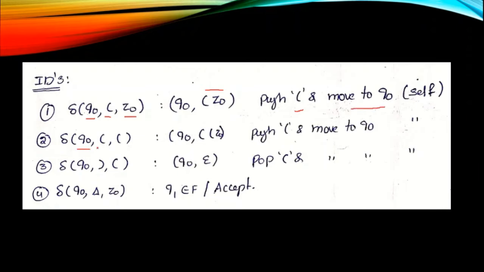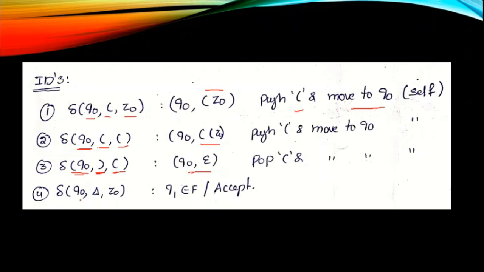If the current state is q naught, the input is an open parenthesis, and the top of the stack is also an open parenthesis, then also perform the push operation. If the current state is q naught, the input is a closed parenthesis and the top of the stack is an open parenthesis, then only perform the pop operation.